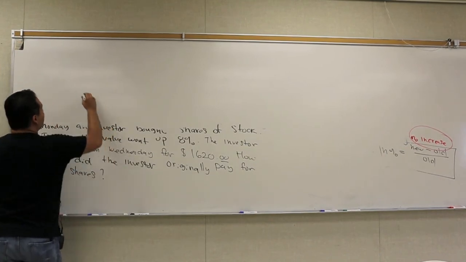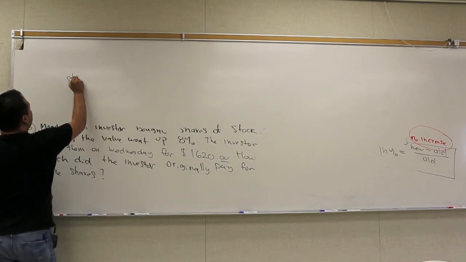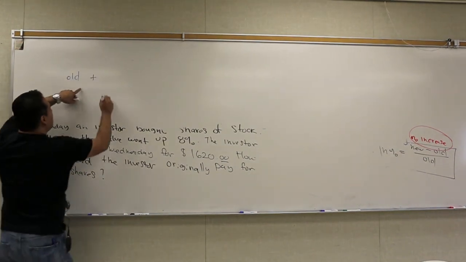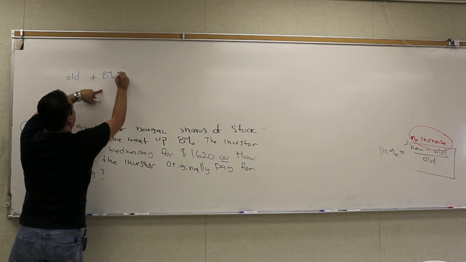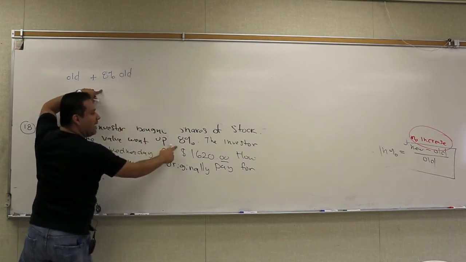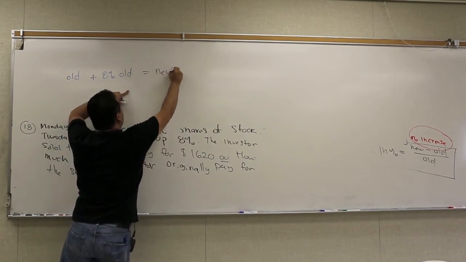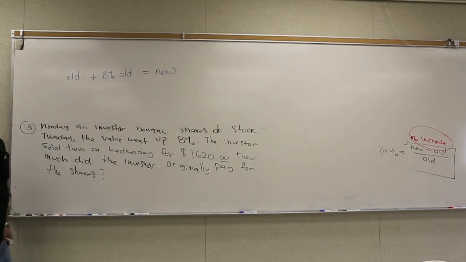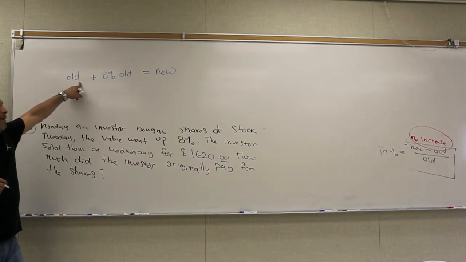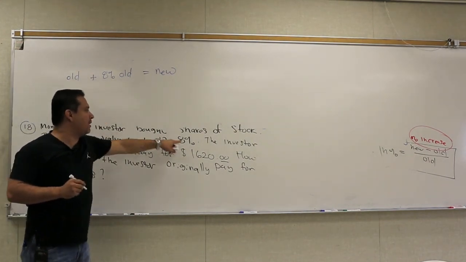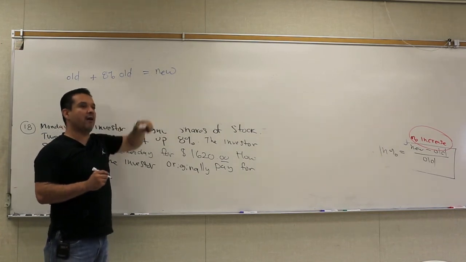What they originally paid, the old value, plus what? 8% of the old value, because it increased by 8%, gives you the new value. This is where we left off yesterday. So the old value plus 8% of that old value equals some new value.